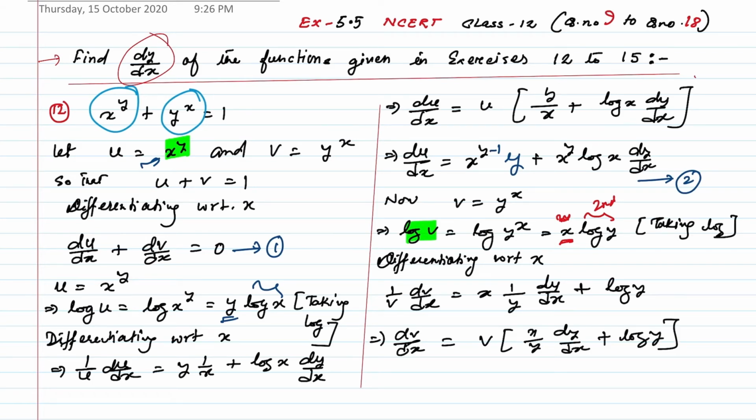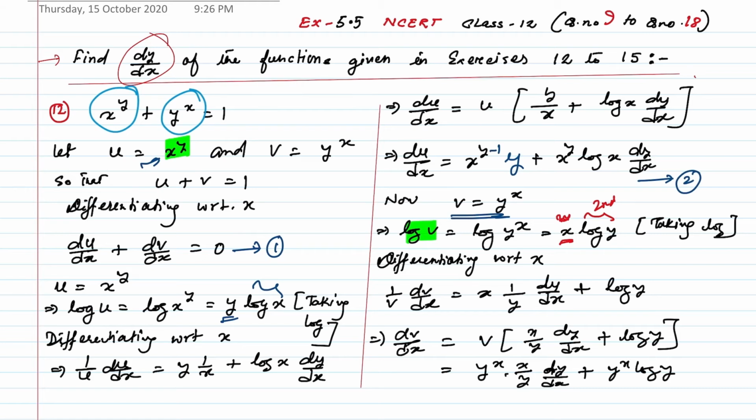If you put the value of v here, and multiply with the term within the bracket, then what you will get is y to the power x into x by y dy by dx, then plus y to the power x log of y.